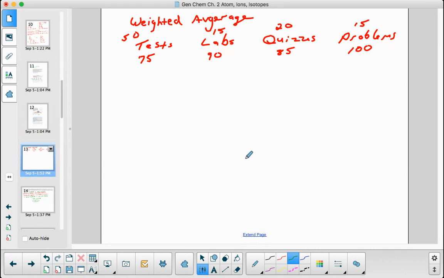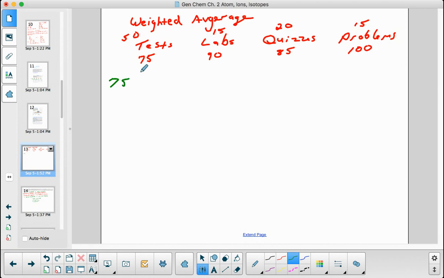So I like to start out with the idea of the weighted average for your course grade. Determining the weighted average for isotopes is very, very similar. So how would we determine a grade if the instructor said that tests were worth 50%, and the student's average on all the test grades was 75?